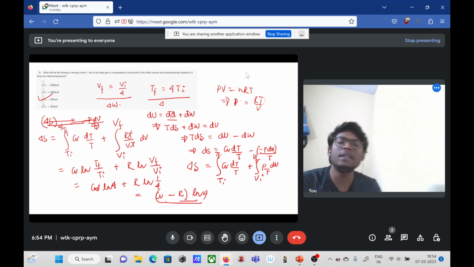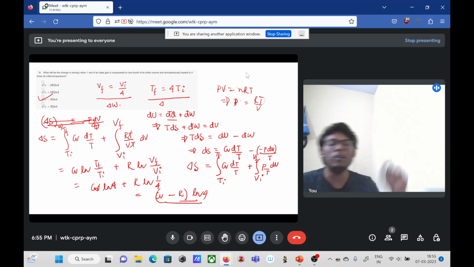Then TdS is equal to dU minus dw, and then dS is equal to Cv dT by T, then minus dw is minus PdV, so this minus and that minus cancel out, so this will be PdV by T. So the total entropy change for this process, delta S, will be the integral of Cv dT by T, with the limit Ti to Tf, plus the integral of P by T times dV, with the integration limit Vi to Vf.